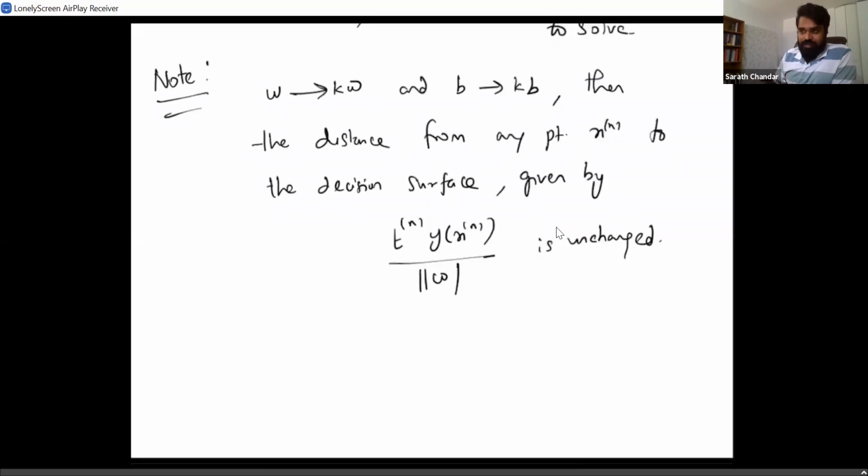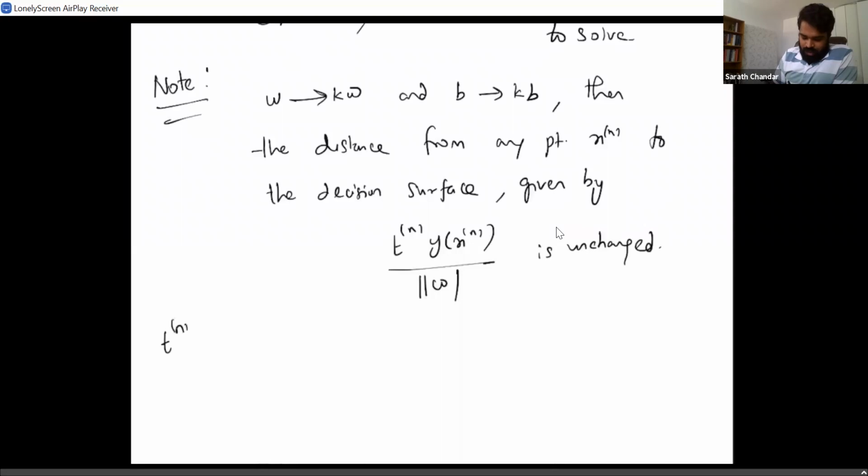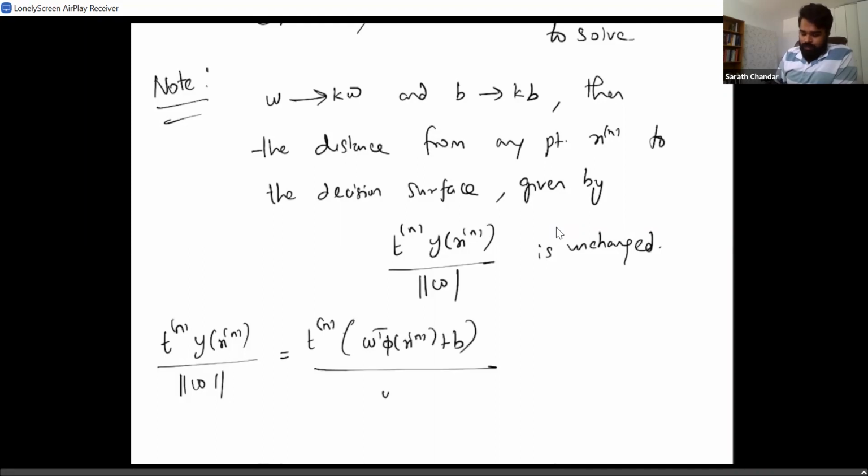Why is that the case? It's very simple algebra. You take T of n y of xn divided by the norm of W. Let me first expand y: y is W transpose phi of xn plus b. Now I substitute W with KW and B with KB.